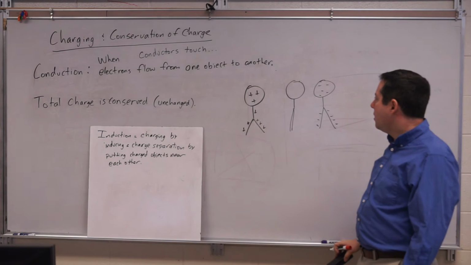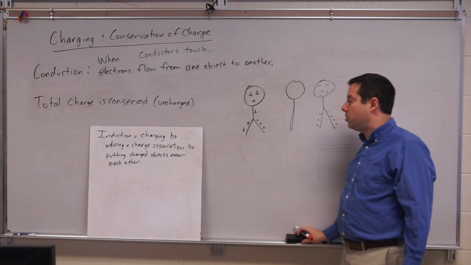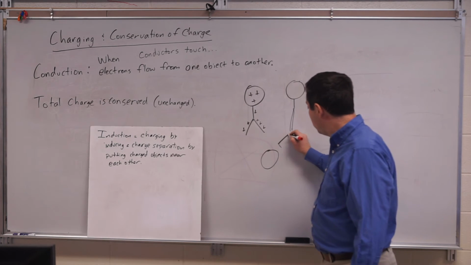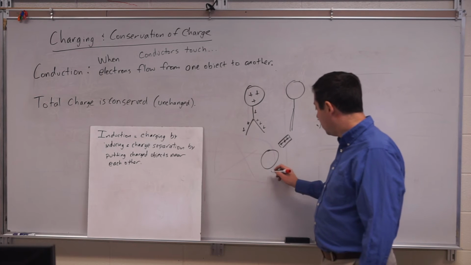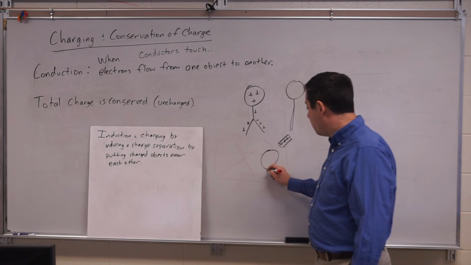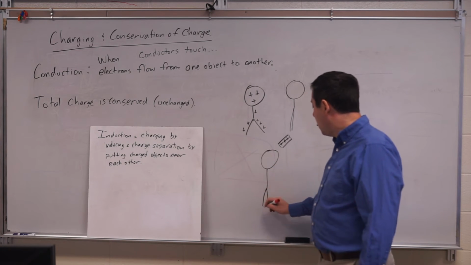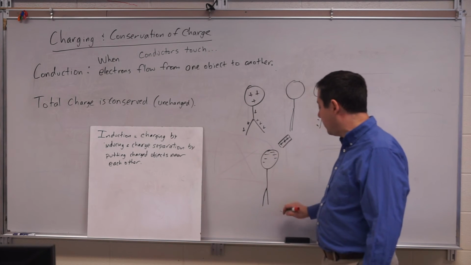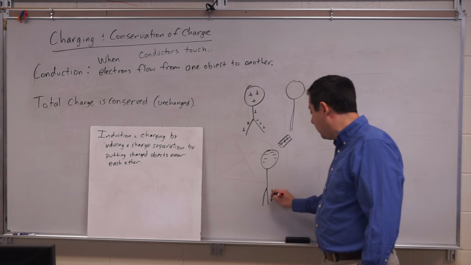But instead, you can also approach this in terms of induction. So imagine you had a positively charged rod here, and you had your electroscope, which might have been neutral at first, but when you put that positively charged rod near it, you end up with a bunch of negatives up top, and a bunch of positives down below.